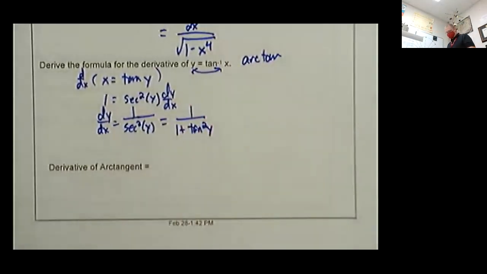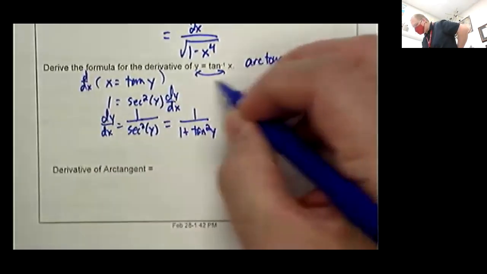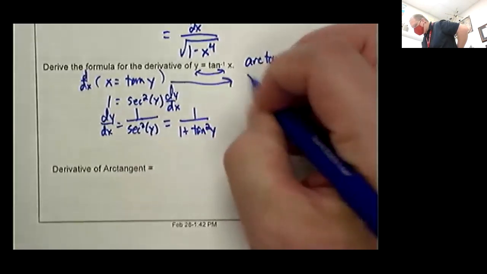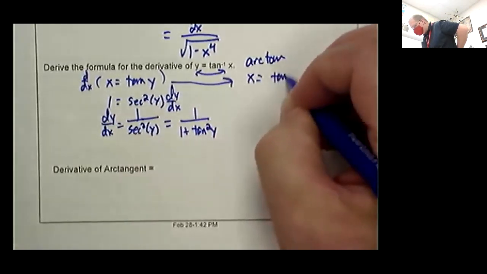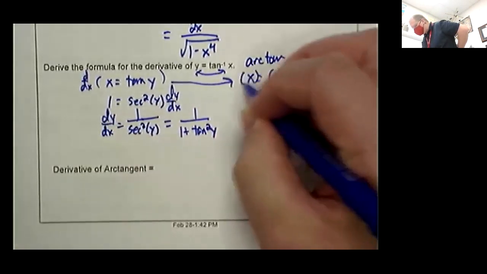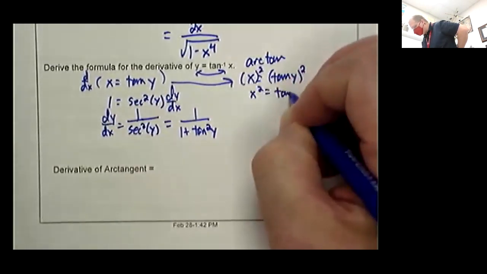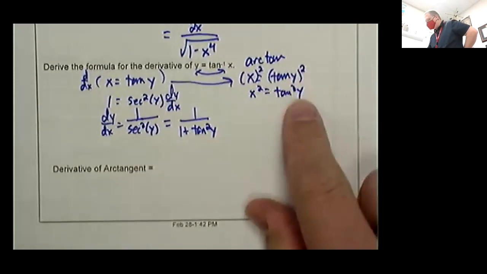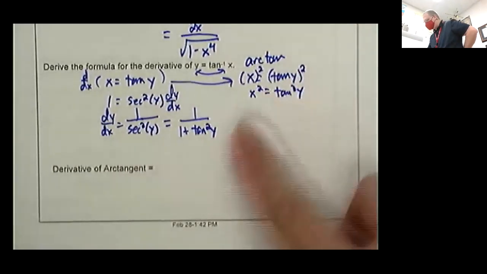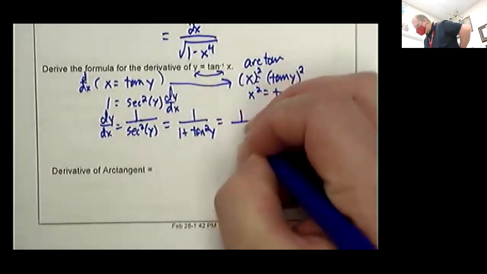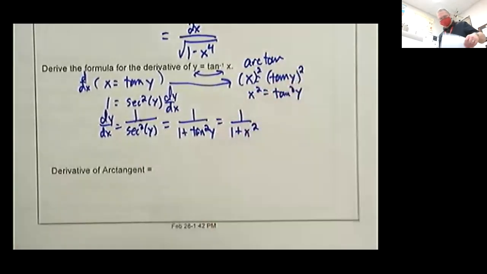And then we're also going to notice, if we go back to this equation, x is equal to tangent of y, and we square both sides, we get x squared is equal to tangent squared y. Well, there's a tangent squared of y, there's x squared. So this is 1 over 1 plus x squared.